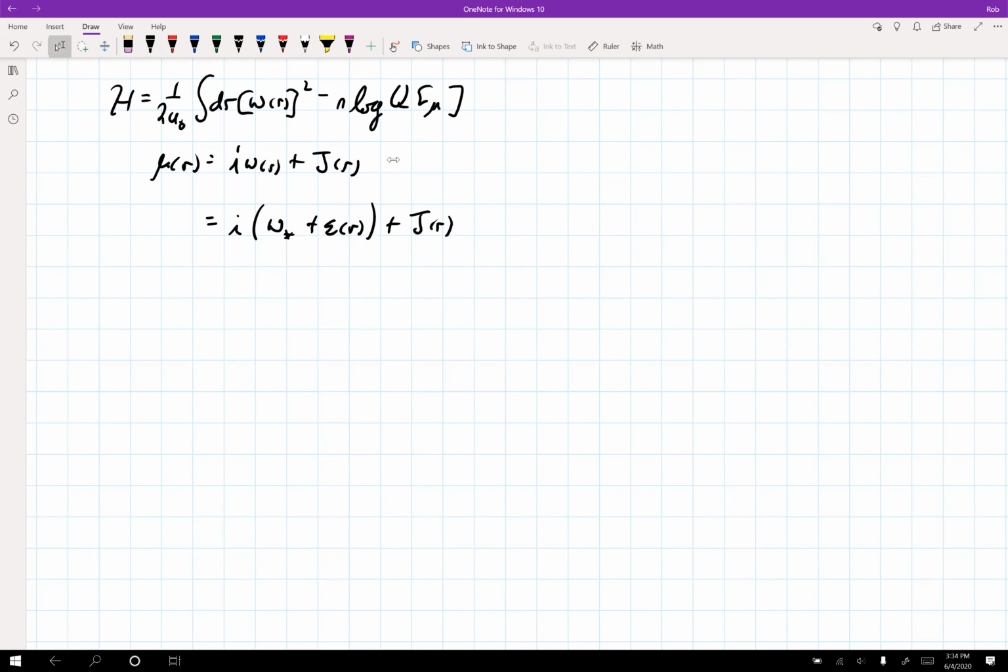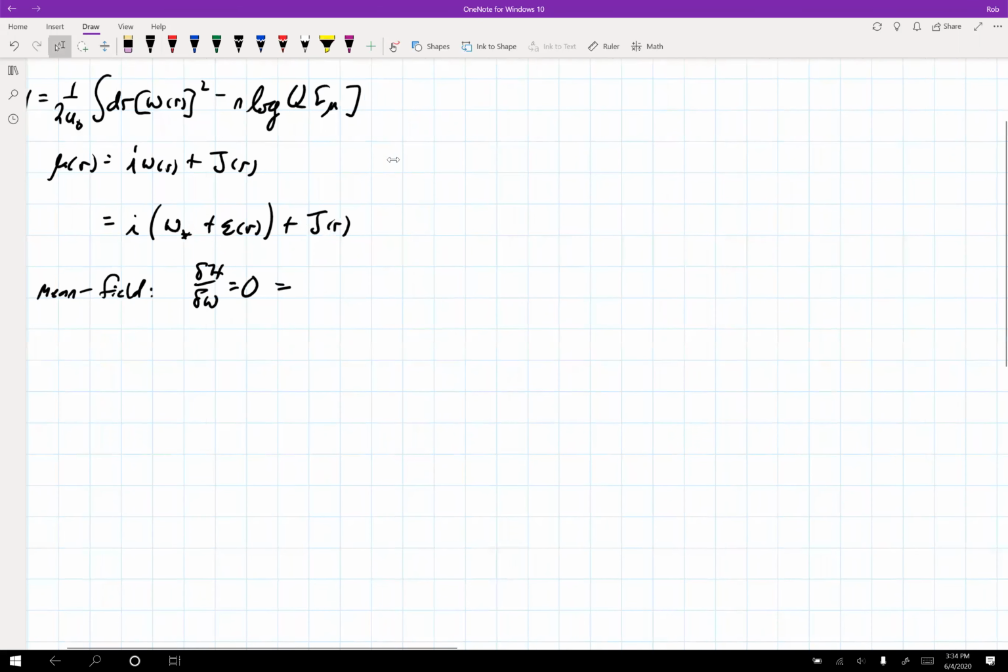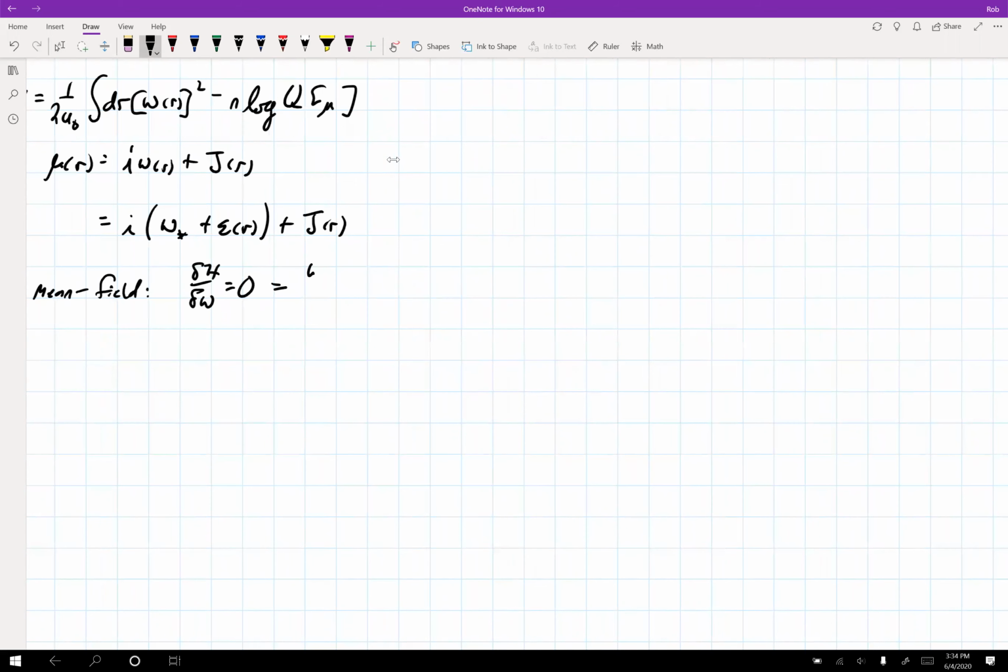And then we also wrote down last time the mean field equation. At mean field, we have that dH/dw equals 0, and that's equal to w of r over u0 plus i times the density operator rho of r.